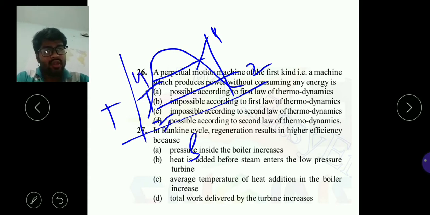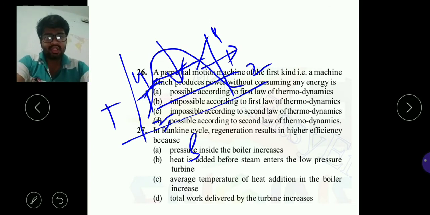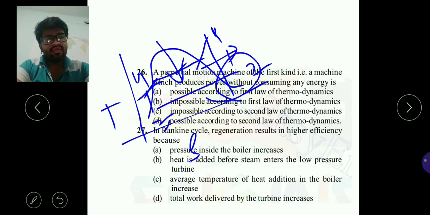So what do you mean by regeneration? Regeneration means we are adding some amount of heat so that we get some work during the turbine, that is, in the expansion process. During regeneration, some amount of heat which is being lost during the expansion process is used to reduce the amount of heat that needs to be added during the heat addition process.